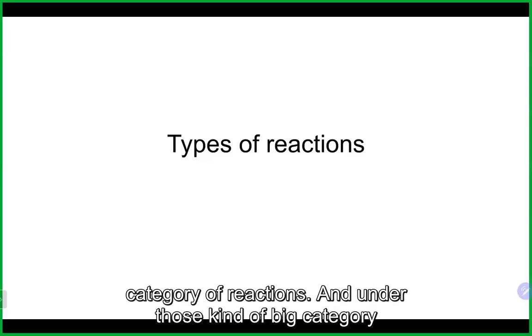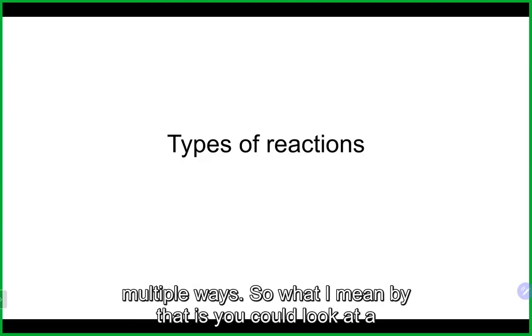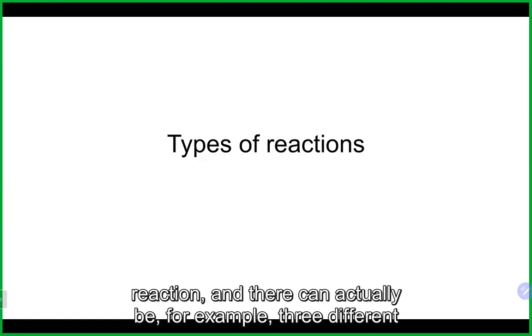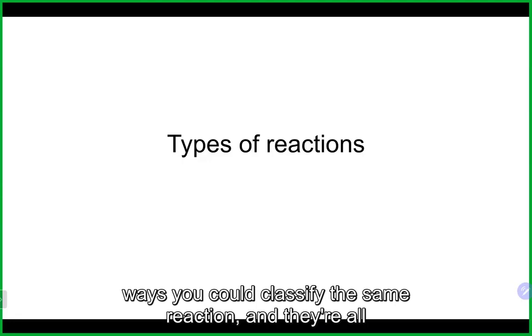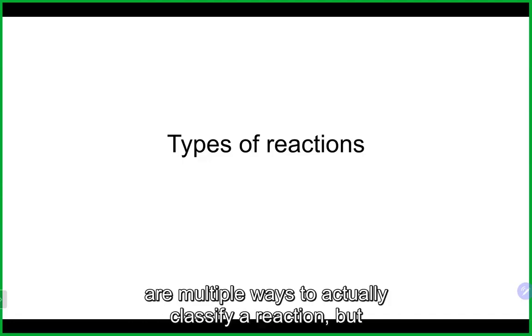And under those big categories, you could classify reactions in multiple ways. You could look at a reaction and there can be, for example, 3 different ways you could classify the same reaction, and they're all legitimate.